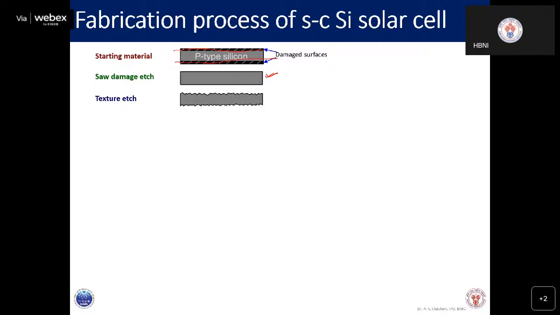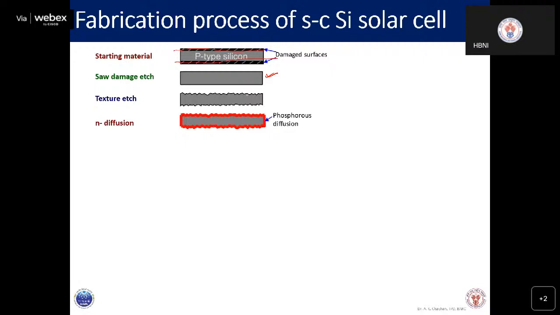For these wafers, it is more convenient to do texturing by an etching process, because for silicon, etching is relatively easier than other texturing methods. Etching can be easily done by acids.